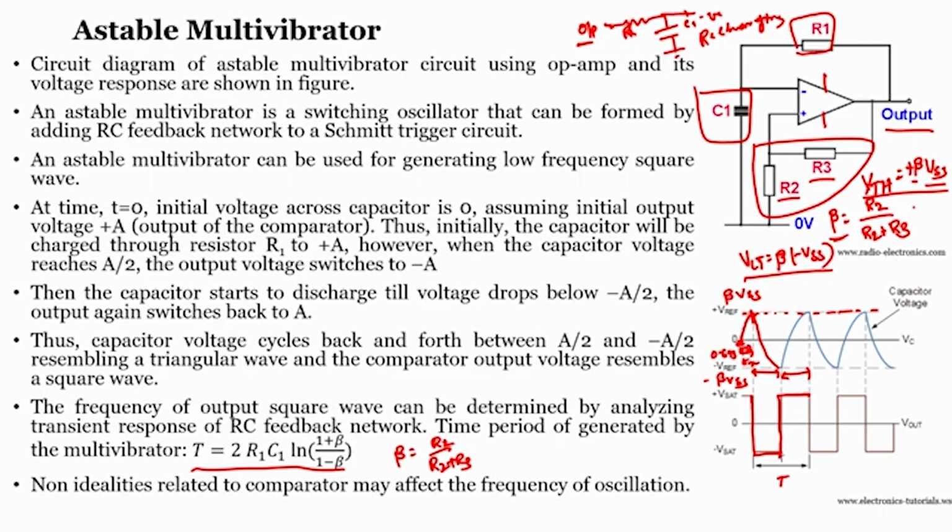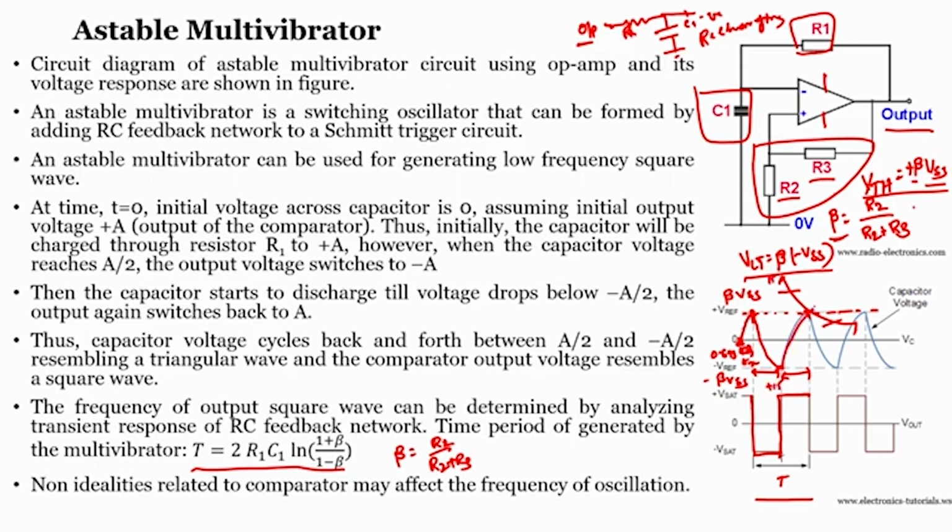But what we require is the complete T. It is not from 0 to here; we require charging from plus 15 to minus 15, because it has to go from plus 15 to minus 15. The intermediate stages are plus V reference and minus V reference, right. Similarly, discharging is also in the same way.